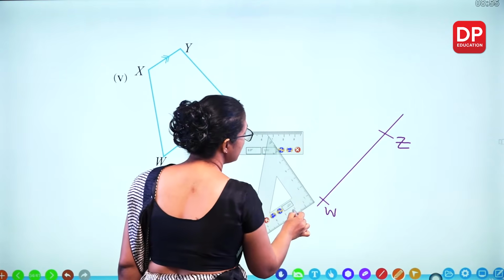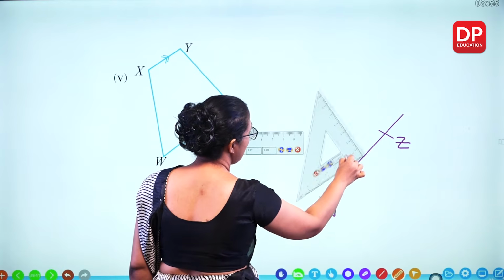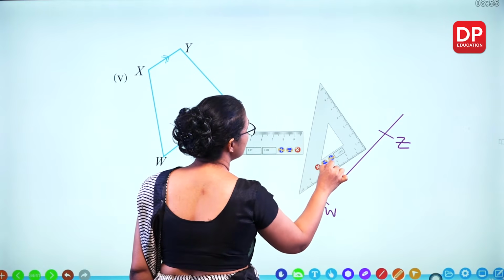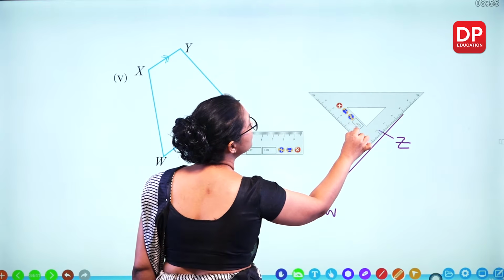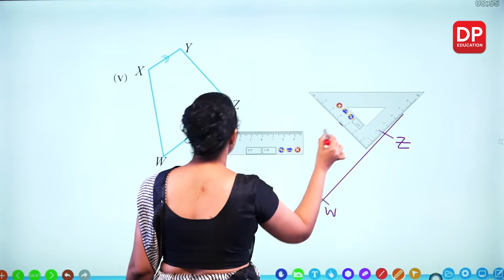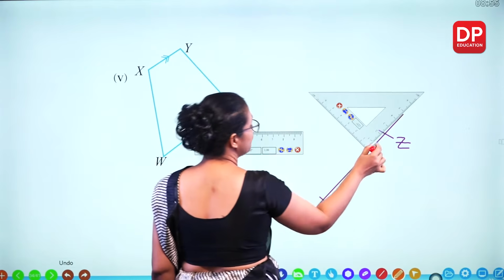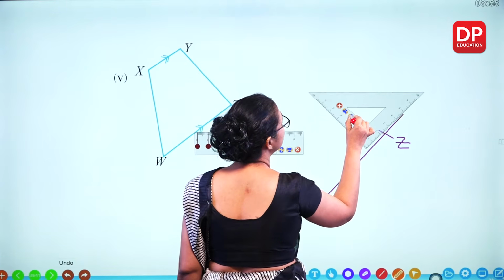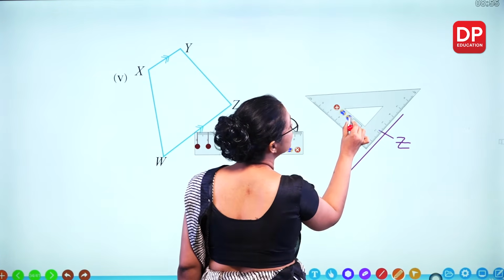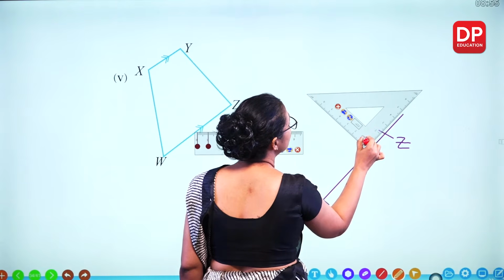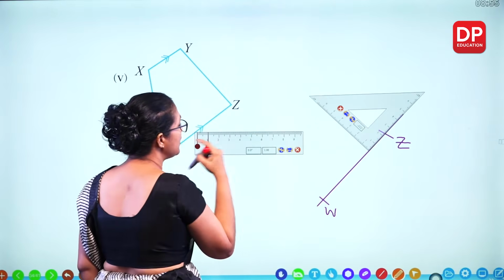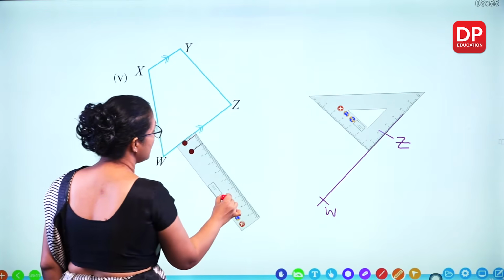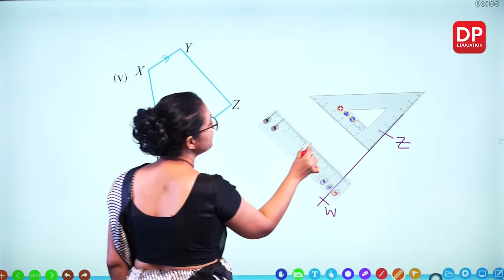So I can keep it the other way around, this way, on top of the YZ line. And then keep the ruler.